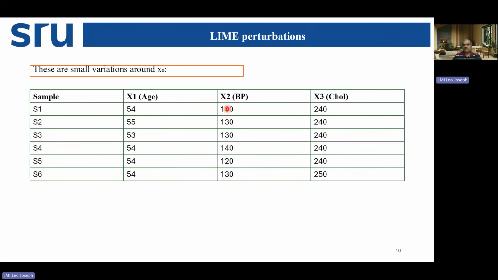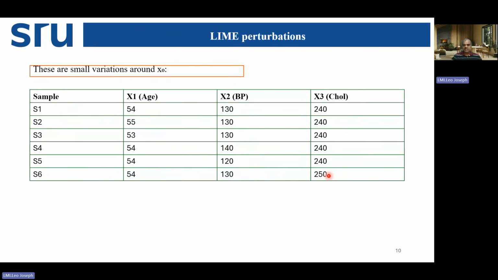This is the base data, and from that it increases 10 and decreases 10. In S6, these two are the same and here it increases by 10. With that we are stopping. You could do S7, S8, S9 and consider many more, but for simplicity, in this toy data set, I am considering only 5 samples.